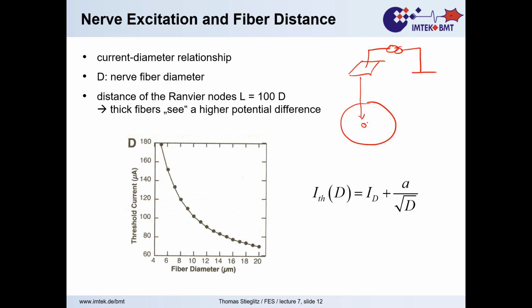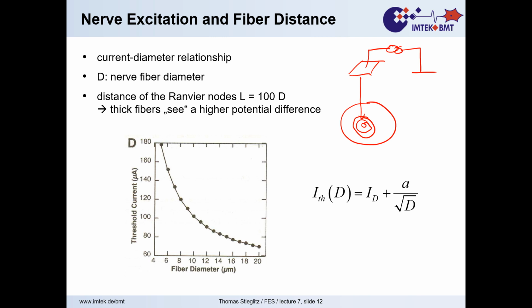And imagine this could be a thin fiber or a thicker fiber or a more thick fiber, you know, then the thicker the fiber, the lower the excitation threshold is. But that's also not linear, that's non-linear, and goes with 1 over the square root of the diameter of the nerve.